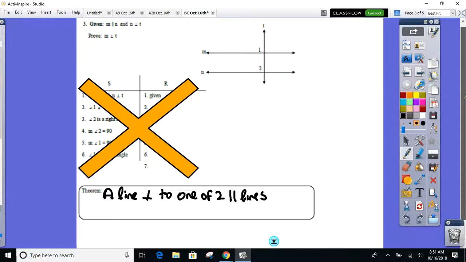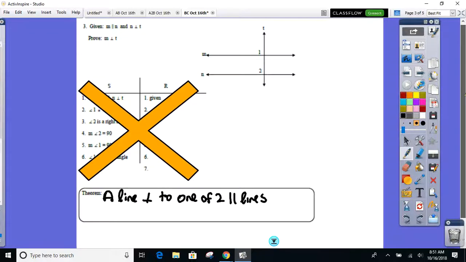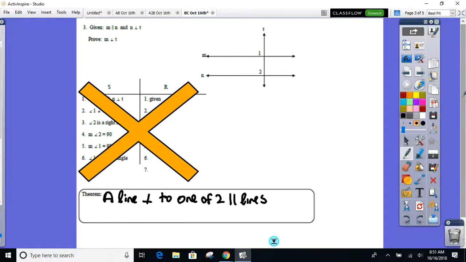Can you name that line that is perpendicular to one of two parallel lines? T. Everyone see that? Line T is perpendicular to N, which is also part of a parallel line. So right now I'm referring to line T.